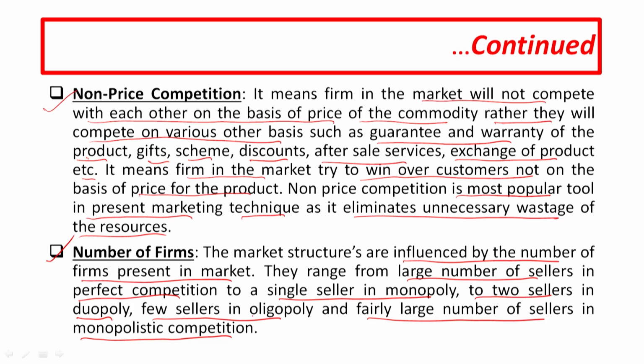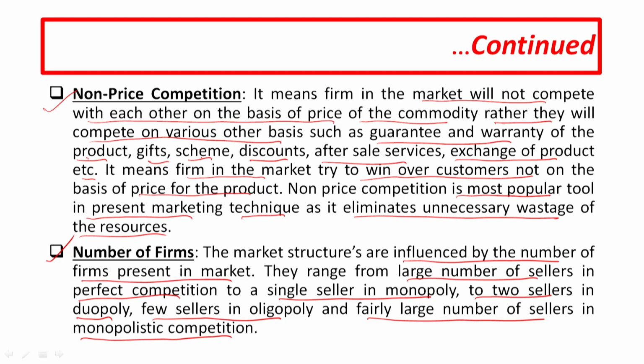Those factors can be the guarantee and warranty of the product, the gifts, the schemes the product is providing, the discount, and the after-sale services. These are all components of marketing, in which factors other than price also play a very relevant role.